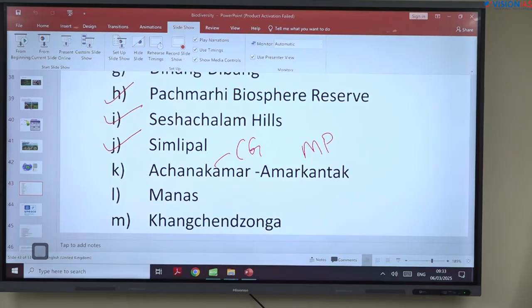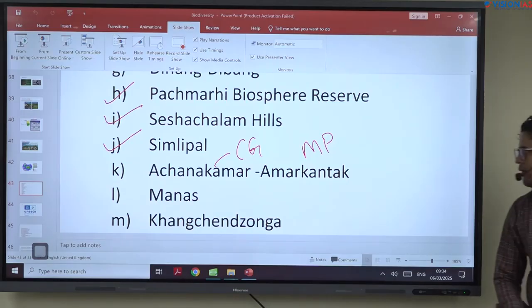Amarkantak is in Madhya Pradesh. A dense forest region and is the origin of Son, S-O-N, Son and Narmada rivers.